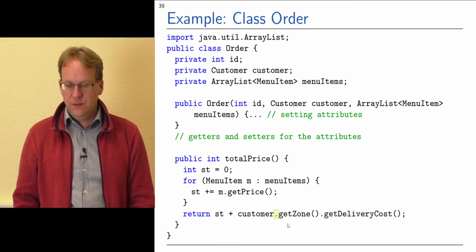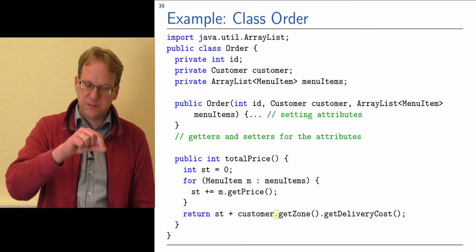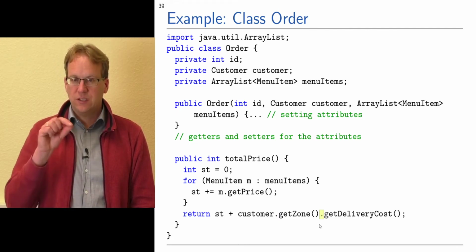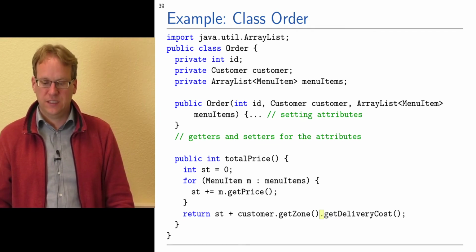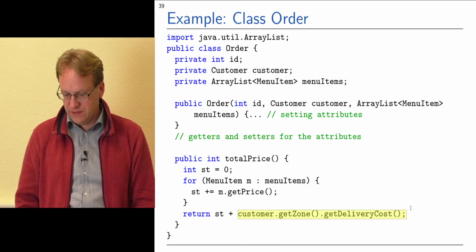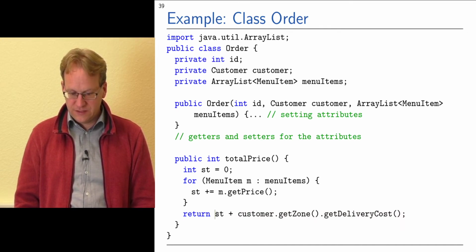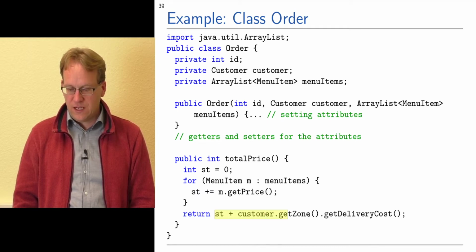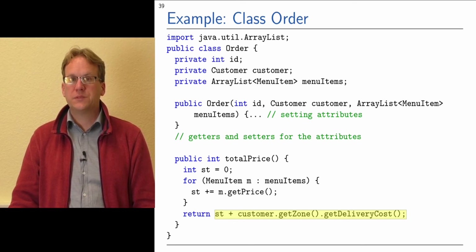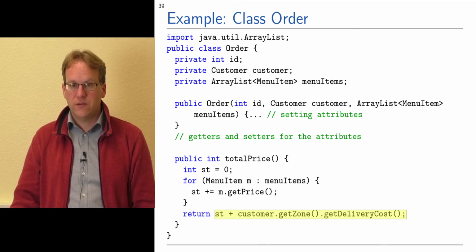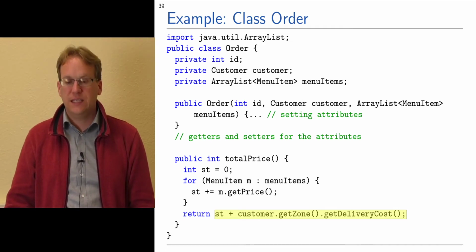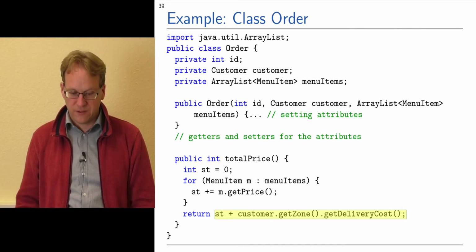And this delivery cost is then added to the variable st. So in total, what we have here is the price for the order, including the price for all menus we have ordered and the delivery cost for our order.